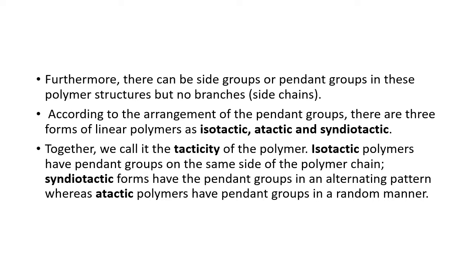So now you got it, all the three terms: isotactic, that is pendant group on the same side of the polymer chain; atactic, that is they have pendant groups in a random manner; and syndiotactic. Syndiotactic forms, what are they? They have the pendant group in an alternating pattern.